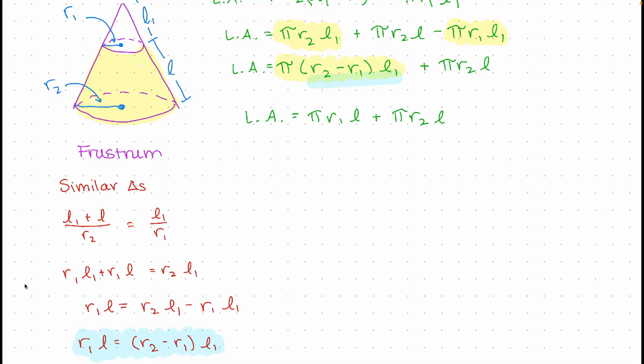Trust. And now there's a pi L that I can factor out. So if I factor out the pi, I get this. And then, for the grand finale, that's not really the grand finale. Still have to get the formula for surface area. This is just the frustum.